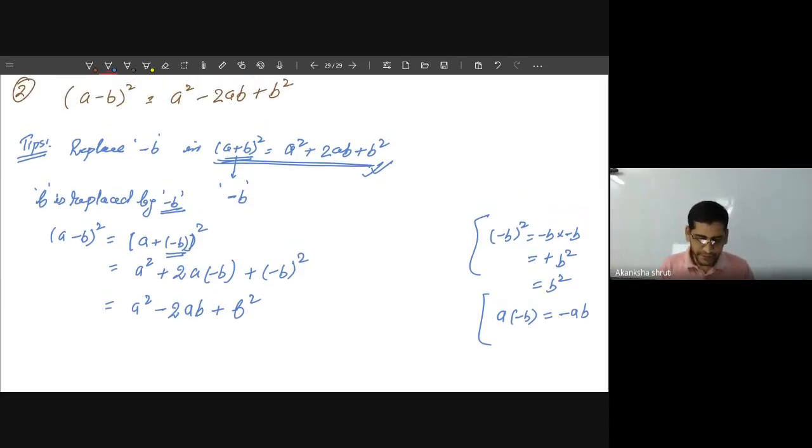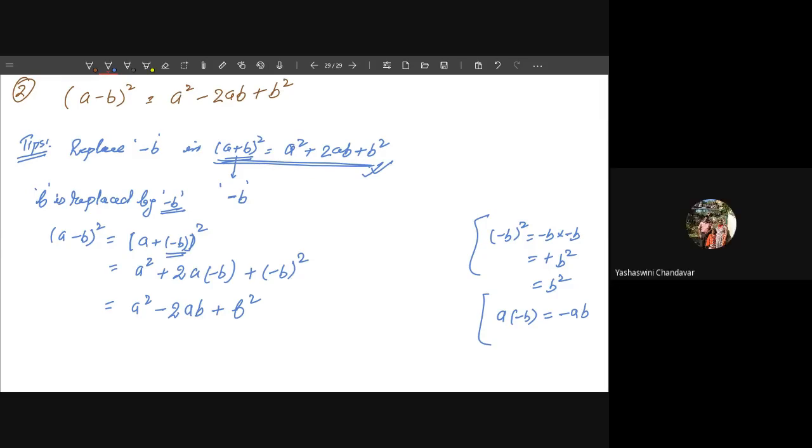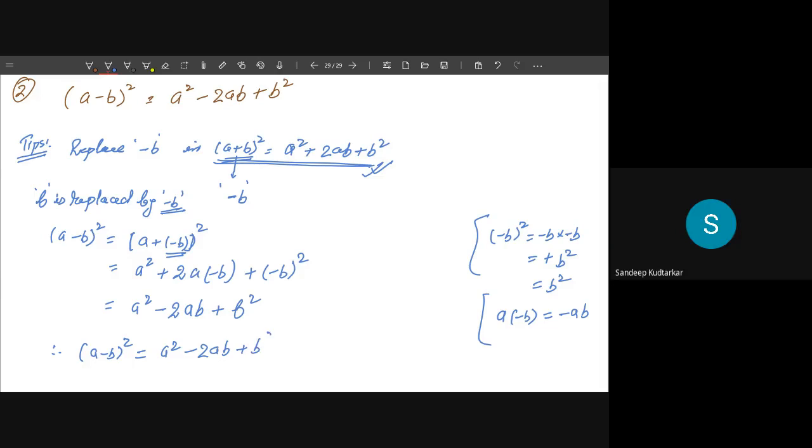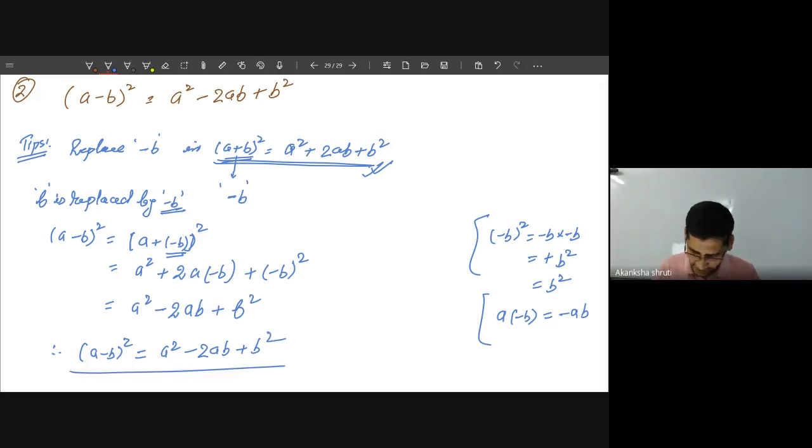No need to mug up this identity. You have to just replace b by minus b in the positive identity. Therefore, (a minus b) square is equal to a square minus 2ab plus b square. Okay, students, so this is the identity.